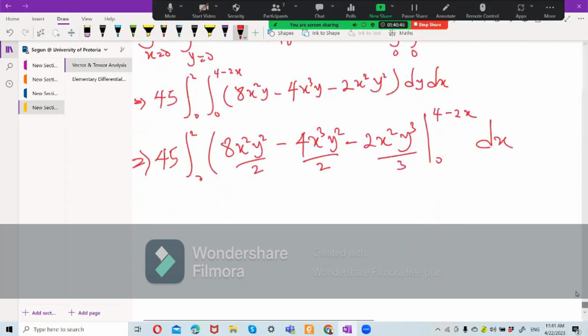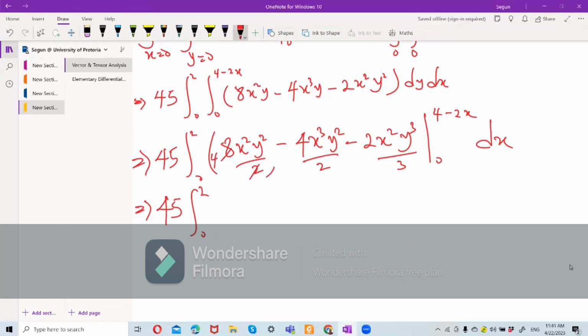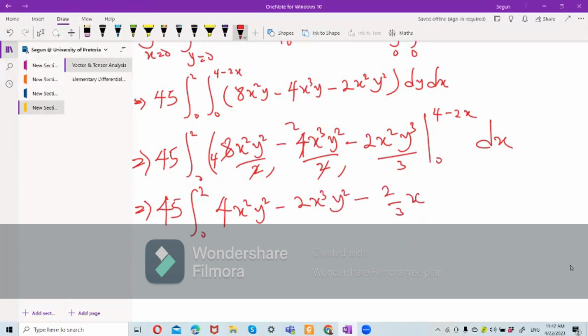I got it, but in a more simplified way. I divided the 2 by 8, and of course, 4 by 2. So you have 45 integral of 0 to 2. Here 1, here 4. Here 1, here 2. So you have 4x squared y squared minus 2x cubed y squared minus 2 over 3 x squared y cubed, dx.